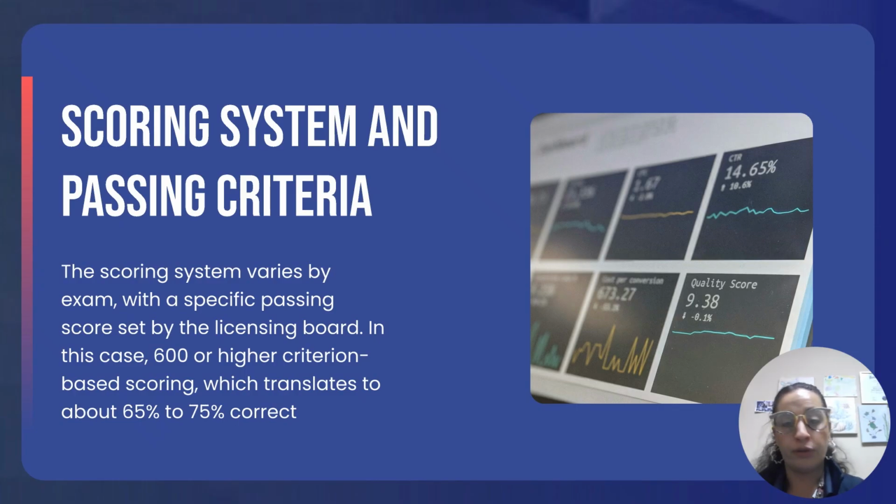But on the real thing, it could be less, it could be more, it could be many things depending on your version of the test. Okay. So for my students, I always tell them to shoot for 65% as a minimum, but really 70% is even better.